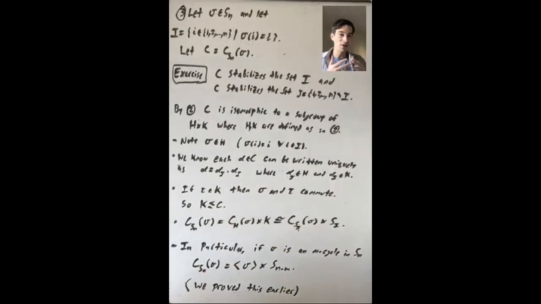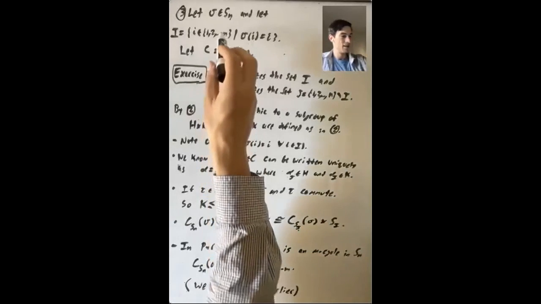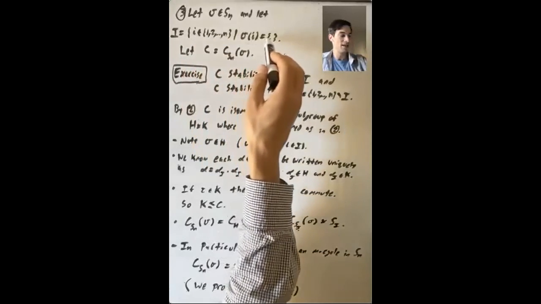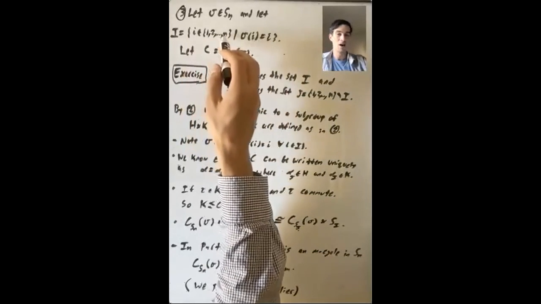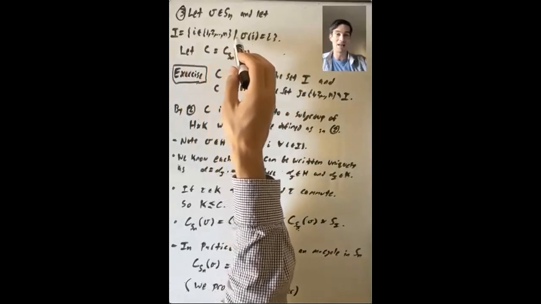But if we zoom in on the case where sigma is an m-cycle in S_n, something that we studied earlier, particularly when we talked about sizes of conjugacy classes in A5, well, if sigma is an m-cycle in S_n, then what does that mean? Well, the set of things that are in I are everything except those first m elements.